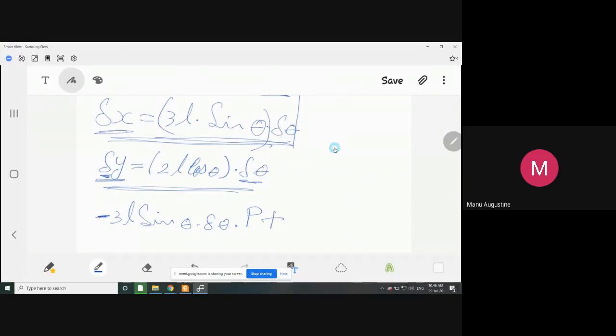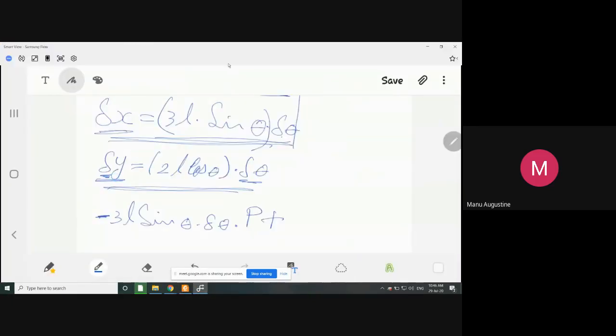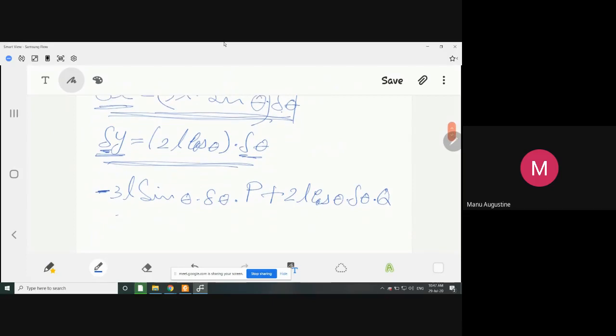Plus Q into delta y. So delta y is this. So I will use 2L cos theta del theta into Q. This whole thing comes out to be equal to 0.